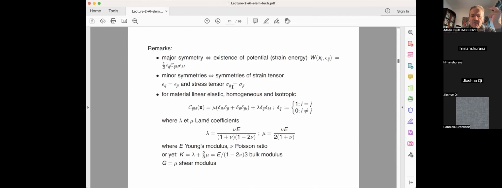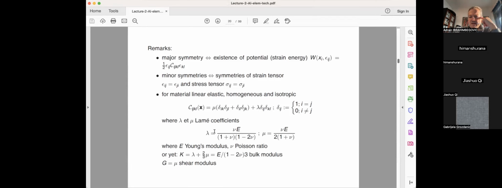There are different choices for how you can choose these coefficients, but the most convenient choice, when you write in index notation, if you want to represent the tensor in a very compact way, is the so-called Lamé coefficients, which are lambda and mu.